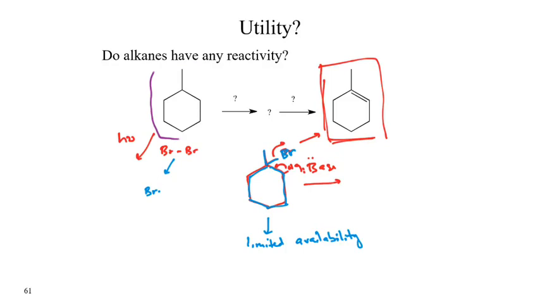Which hydrogen does it go after? Well, because of the stability of intermediates, and we'll see this in a second, the bromine radical is going to abstract, or remove, a hydrogen. Why? When it removes that hydrogen, we form the most stable radical intermediate.